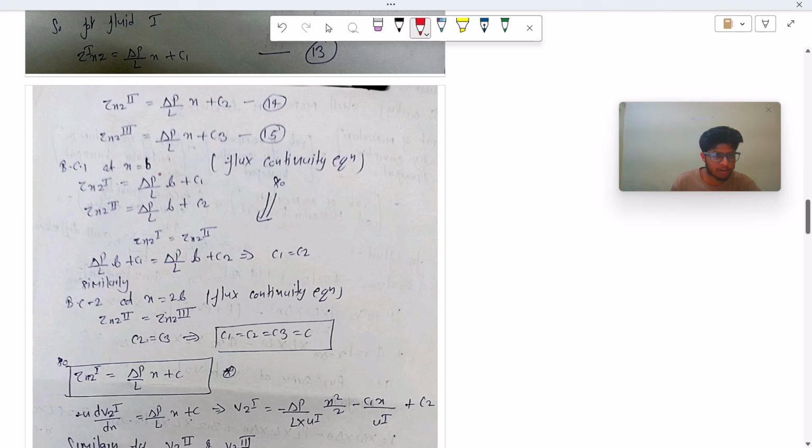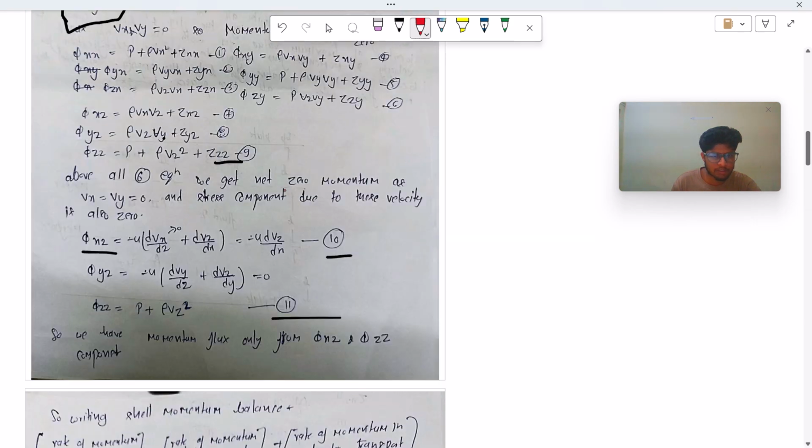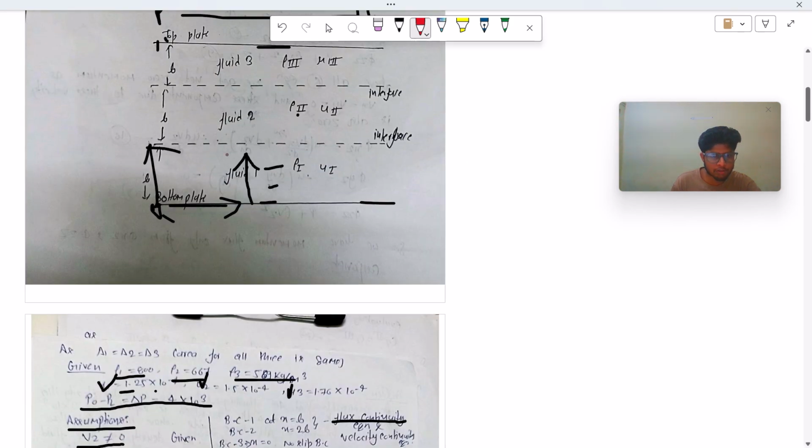The first boundary condition is at x equal to b, the continuity condition: the shear stress due to fluid 1 is equal to the shear stress due to fluid 2, and the velocity of fluid 1 is the same as the velocity of fluid 2. As they are immiscible and incompressible fluids flowing in 1D laminar flow, they have to follow the flux continuity equation.